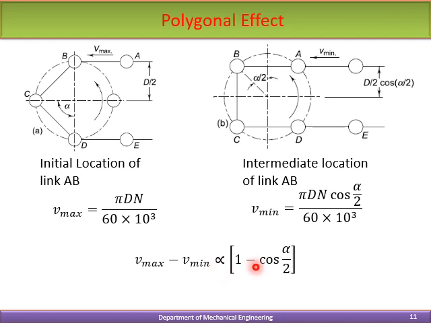As the number of teeth Z increases to infinity, cos 180 by Z, or cos 180 by infinity, that means cos 0, will approach unity, and Vmax minus V minimum will become 0. Therefore, the variation will be 0. In order to reduce the variation in chain speed, the number of teeth on the sprocket should be increased.